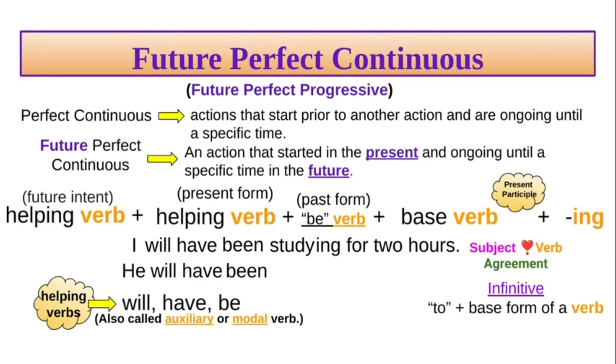The base form of the infinitive to work, with an ing ending for the present participle. Okay. He will have been working for hours. Both of these sentences have subjects that agree with their verbs and their helping verbs in person, number, and tense.